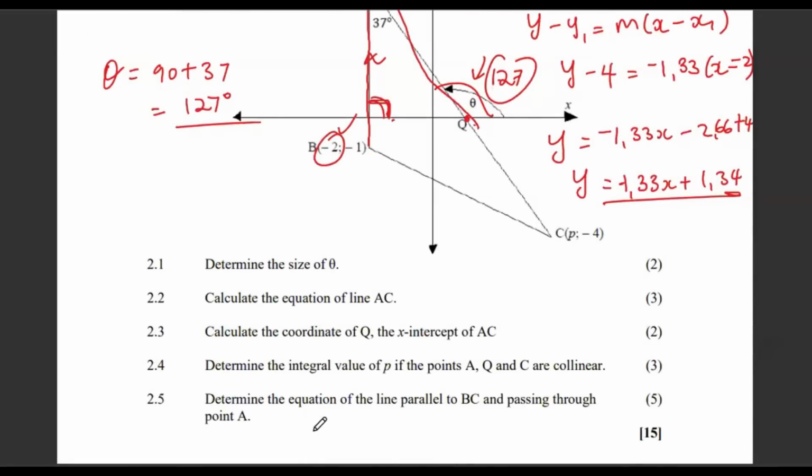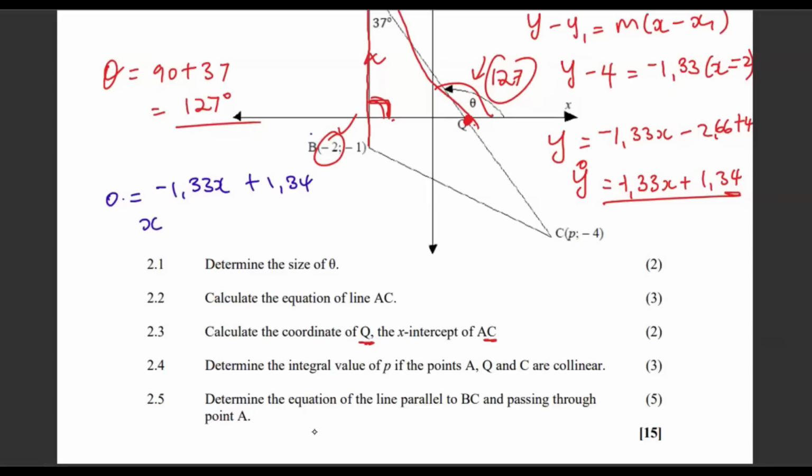Then calculate the coordinate of Q, which is the x-intercept of AC. So we know that at the x-intercept, y is 0. So we're going to replace y with 0, and then we solve for x. So that's going to be 0 is negative 1,33x plus 1,34.